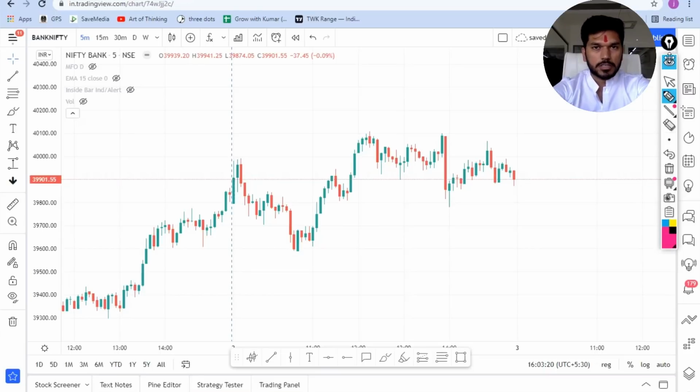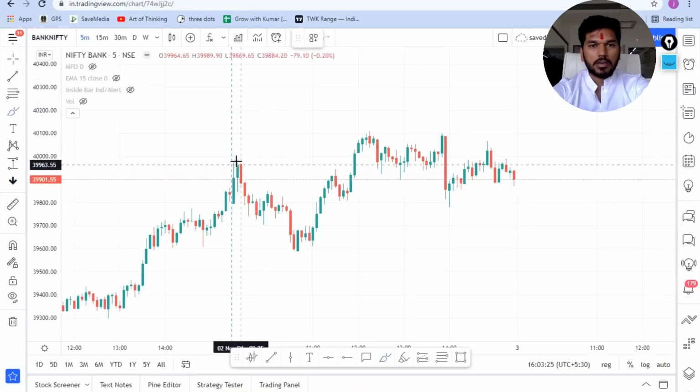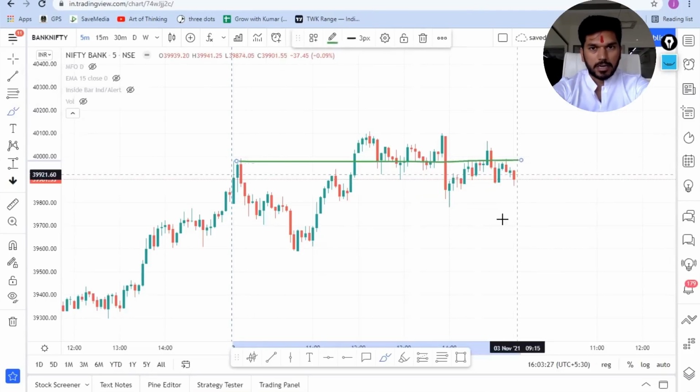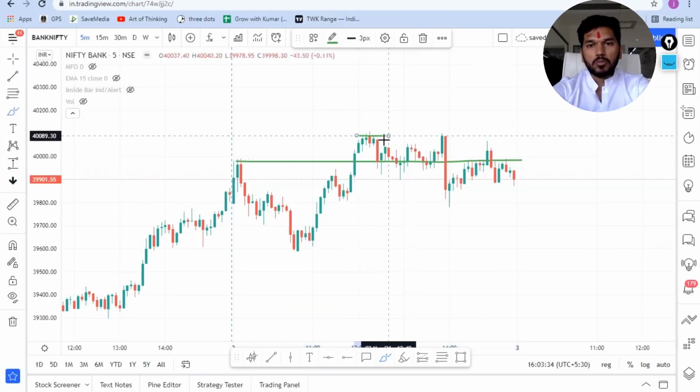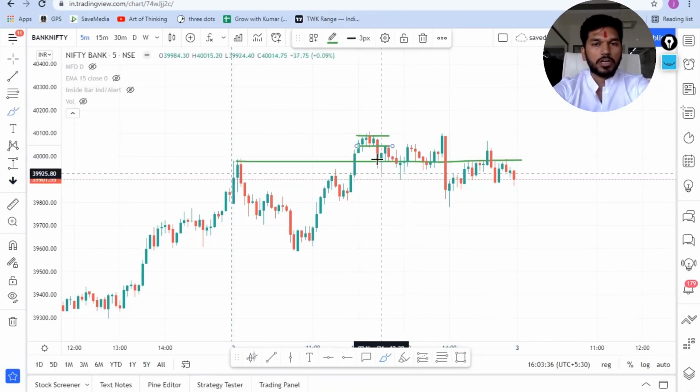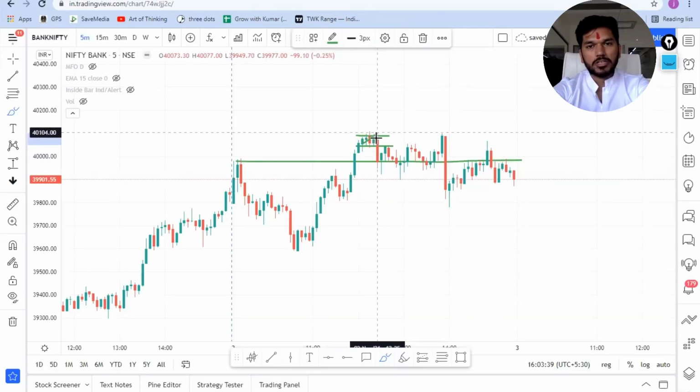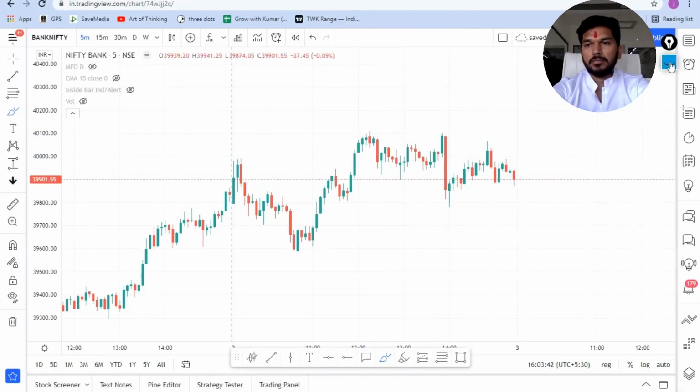Correct. So first, when did I enter into this particular fake breakout trade? I wanted to enter when I saw a dominance of the sellers. The market was consolidating over here and I wanted to enter as soon as this consolidation was taken out. If you look at the breakout candle, as you can see at this point, it was very huge.